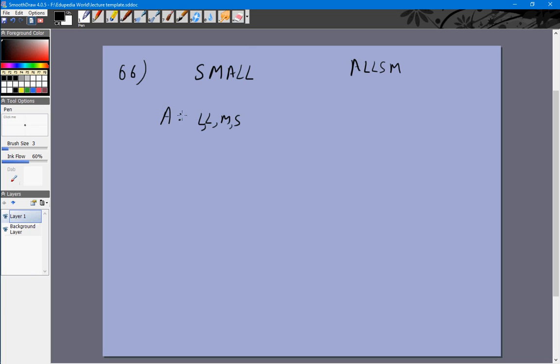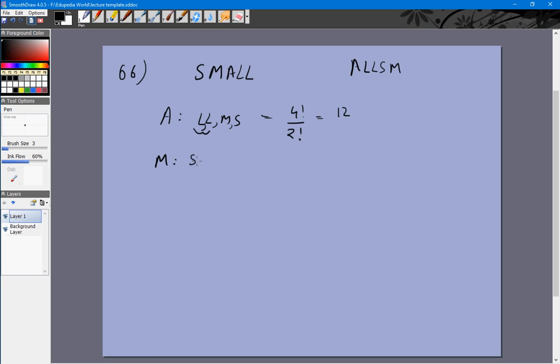So we need all the words beginning with A, which means these combinations, which will be 4 factorial divided by 2 factorial, because there are 2 L's and we can't distinguish between them, which gives me 24 by 2 or 12. How many words beginning with L?